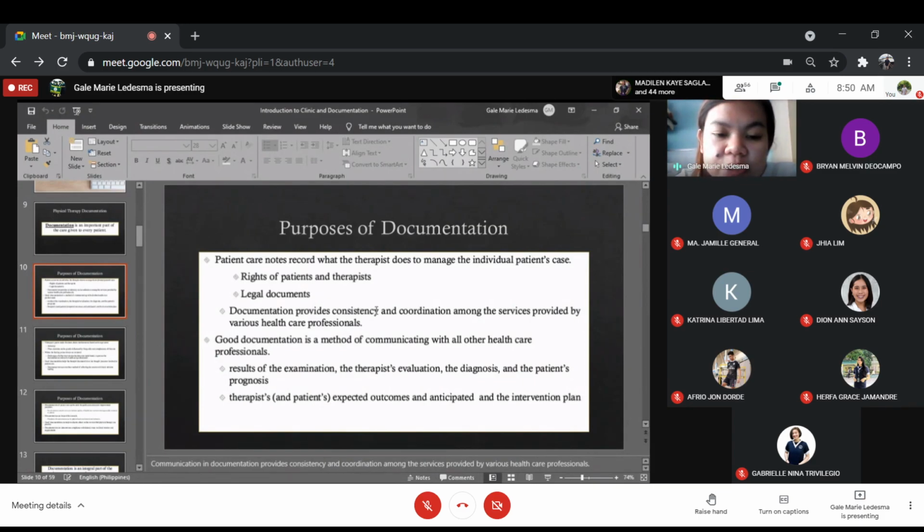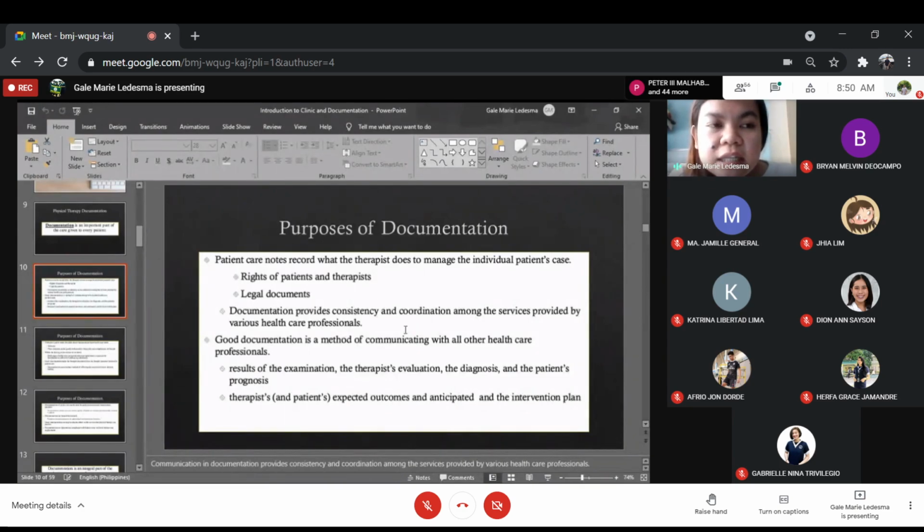Okay, so documentation provides consistency and coordination among the services provided by different healthcare professionals, because you are not the only one who will read this document, your IEs, your progress notes. Not only you as the PT will read them, but they will be shared and communicated to other healthcare professionals.